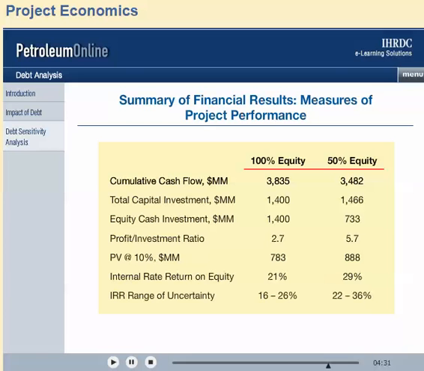Finally, from our spider diagrams, we learned that the range of uncertainty in the IRR for these two project options is 16 to 26% for the 100% equity case and 22 to 36% for the leverage case. This project should make sense even at the lower ends of these ranges.